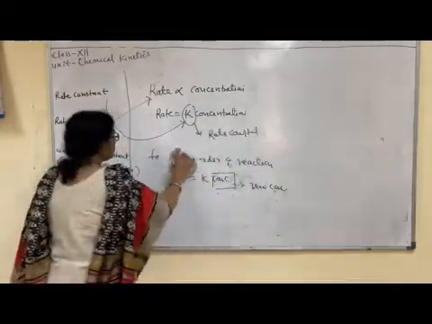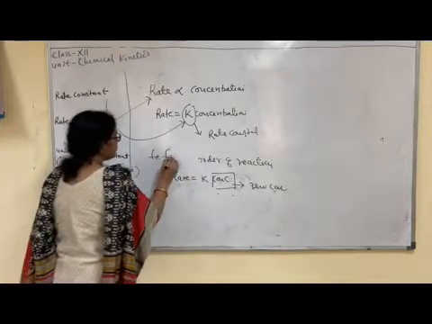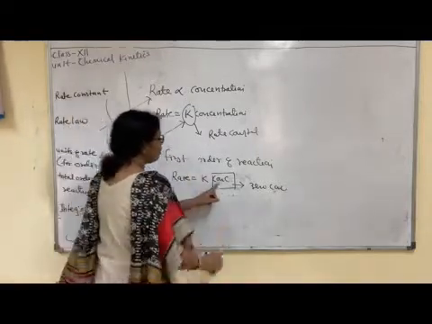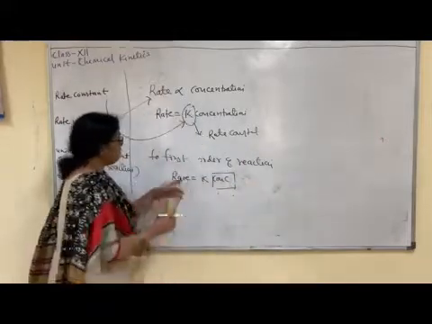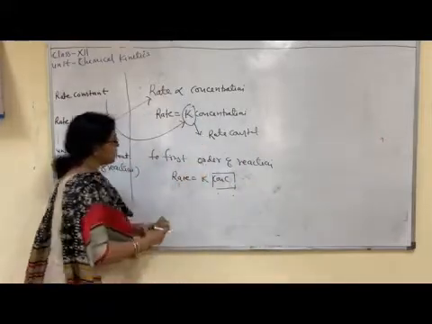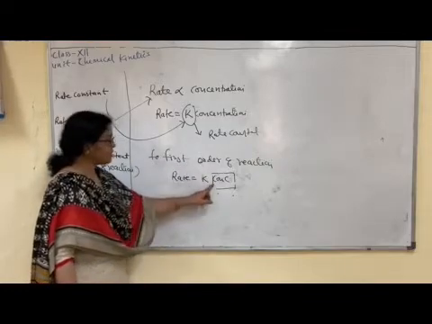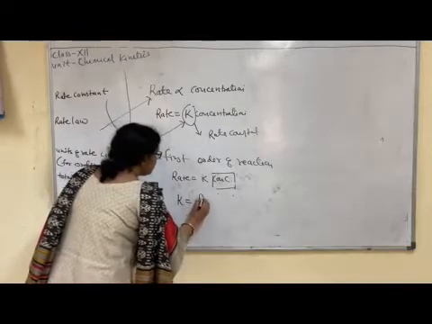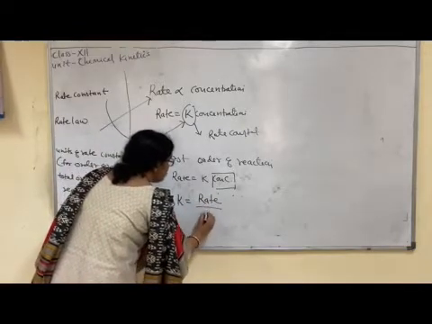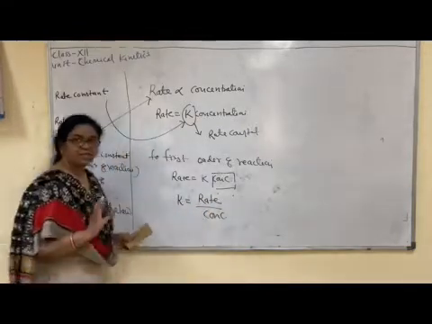Now, for first order of reaction, first means only one concentration term is required. And in case of first order of reaction, only one concentration term affects the rate. So K is equal to rate upon only one concentration term.